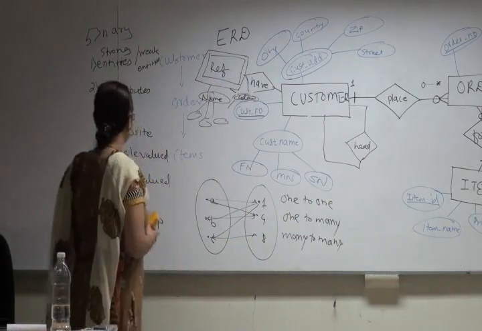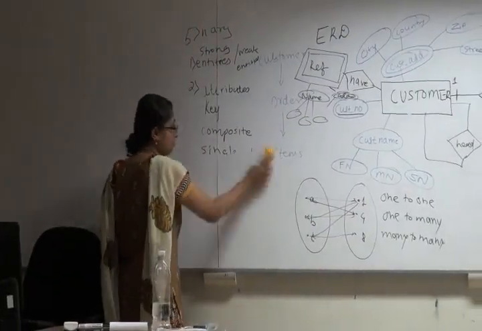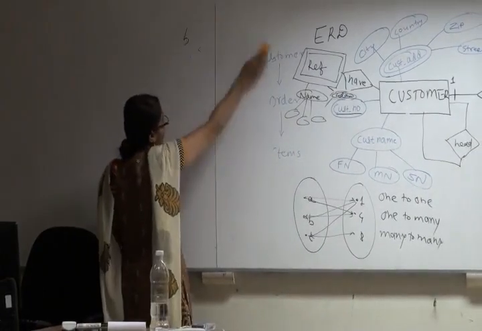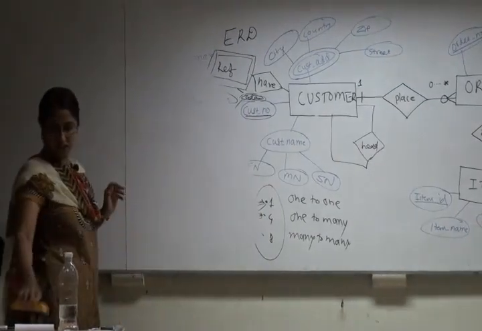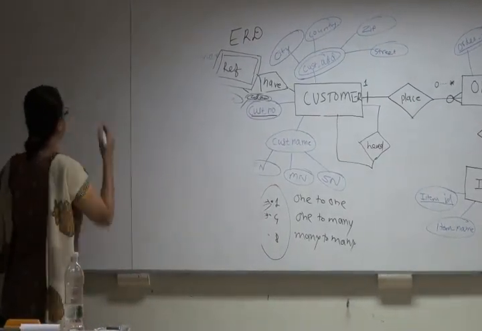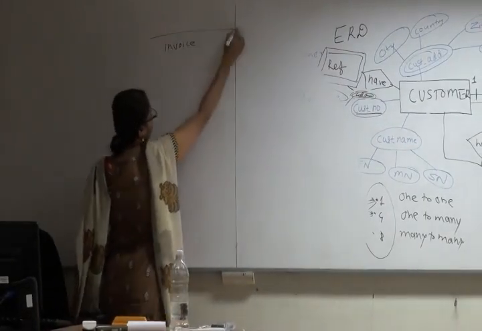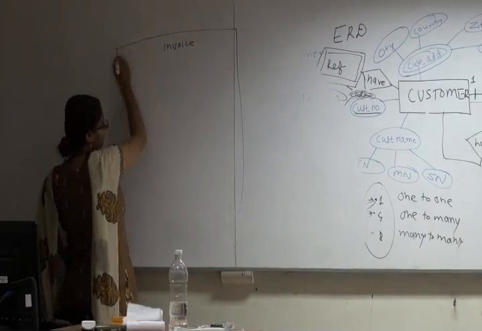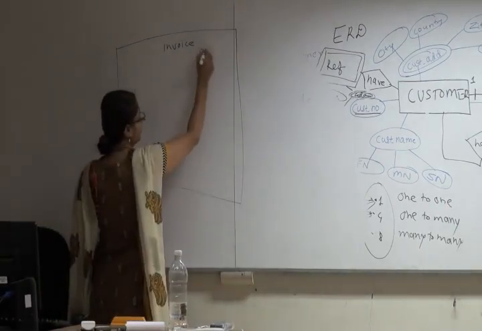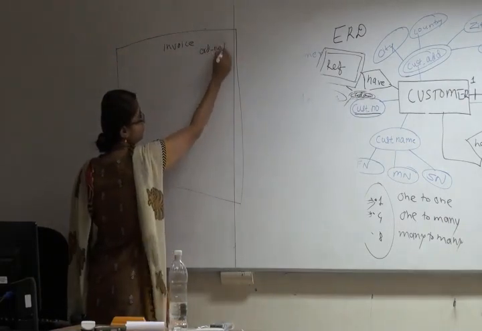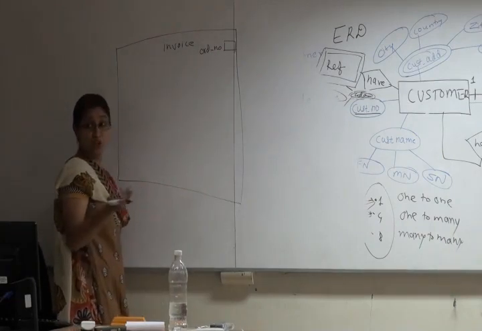So let's consider one invoice. So we will draw the invoice here. If I am having an invoice, there will be an order number, right? That is what you can say your GUI.